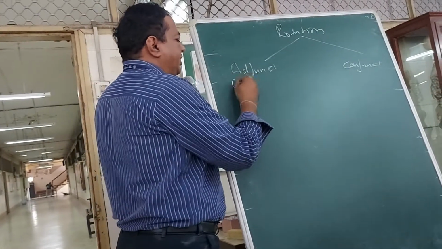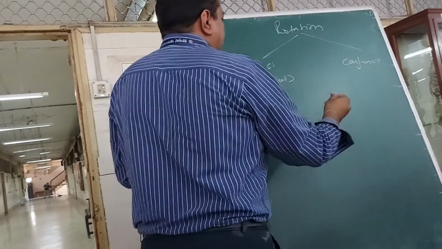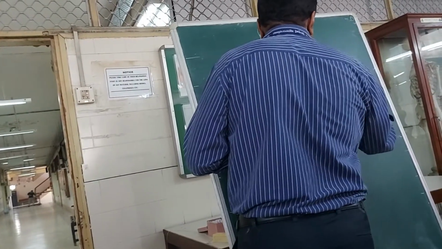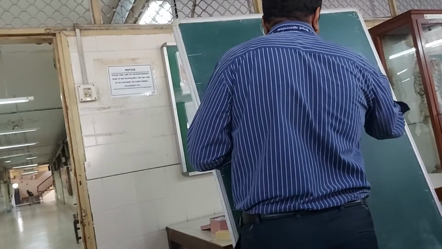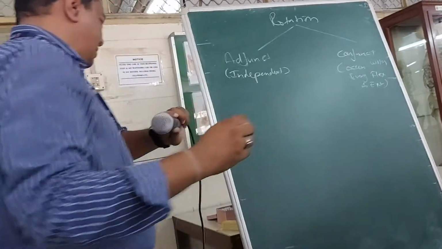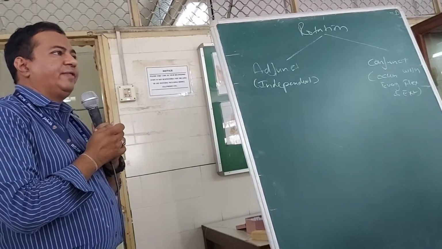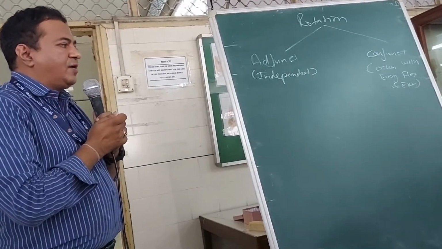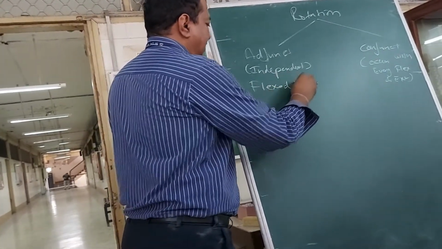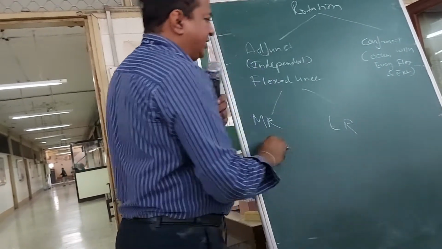Adjunct rotation is independent. Conjunct rotation occurs with every flexion and extension. Adjunct rotation occurs with a flexed knee. In a flexed knee, there is medial rotation and there is lateral rotation. Medial rotation is caused by?